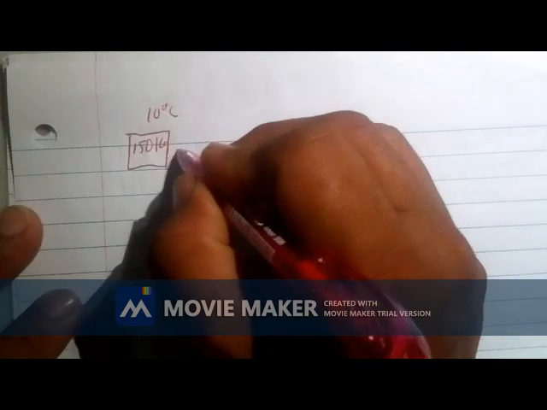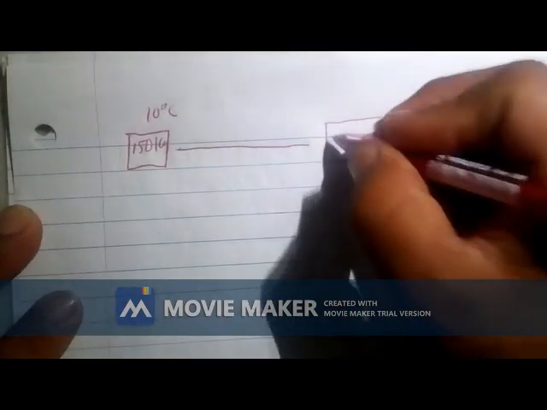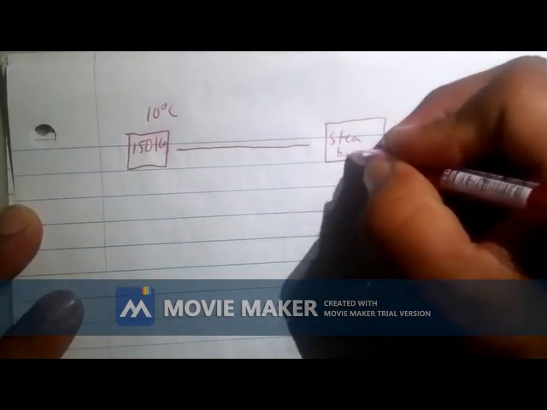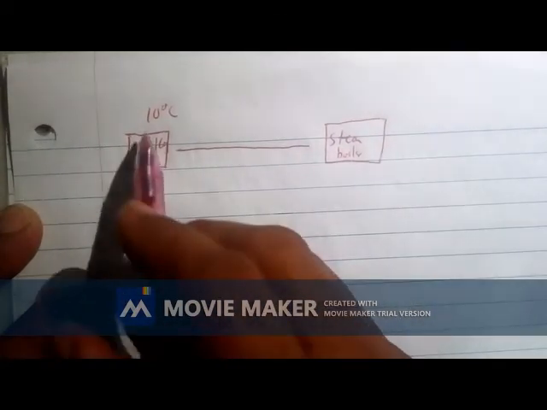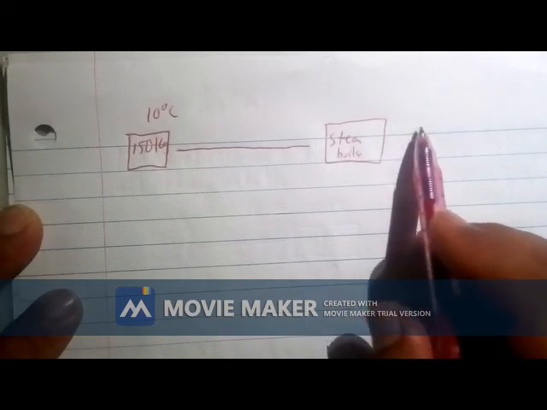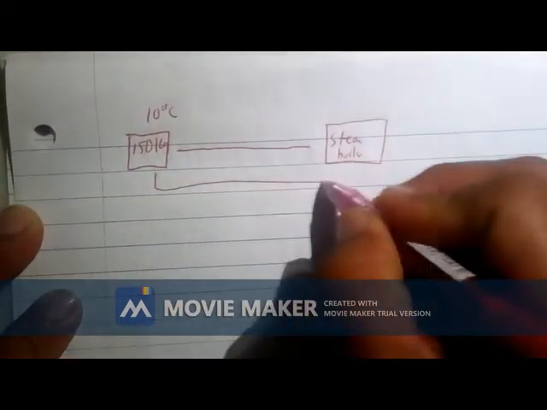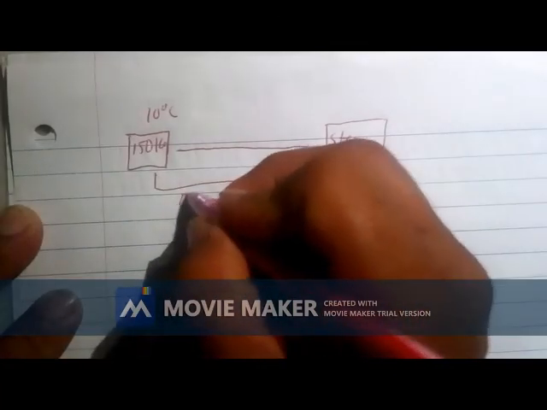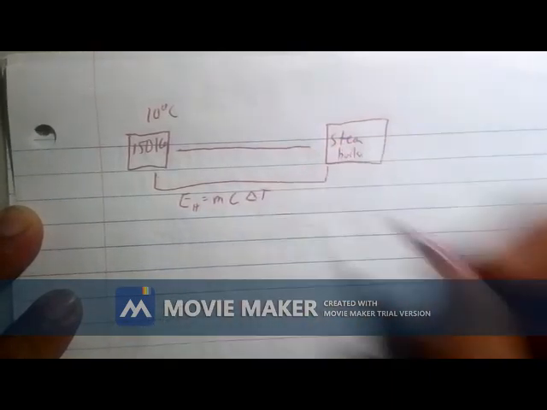It is heated to reach the state of steam and boils. I want to know how much energy it takes to go from this point to become completely steam. So what do we need? We need the amount of energy for it to change temperature, which is energy equals mass times specific heat capacity times the change in temperature.